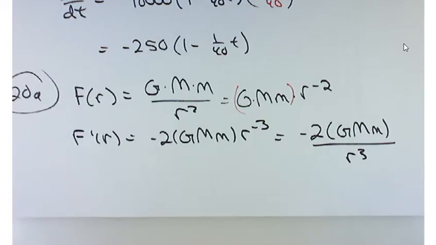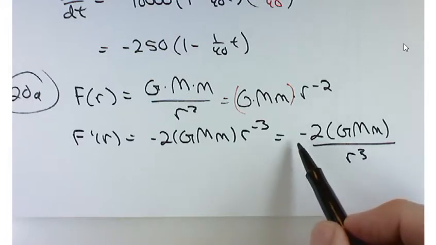Now, first of all, what's your intuition say about the force of gravity? As you move farther apart from, say, the sun or another object, what's going to happen to the force of attraction, the gravitational force between those two things? It's going to decrease, right? And we actually see that.